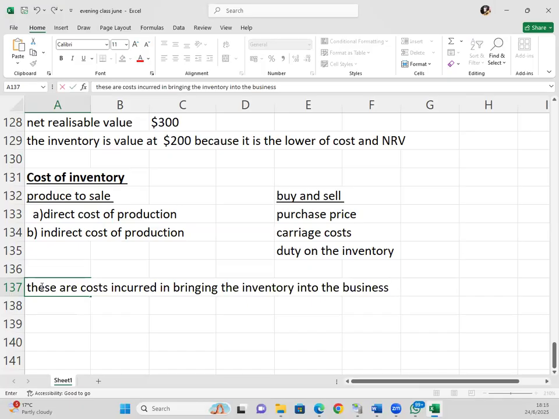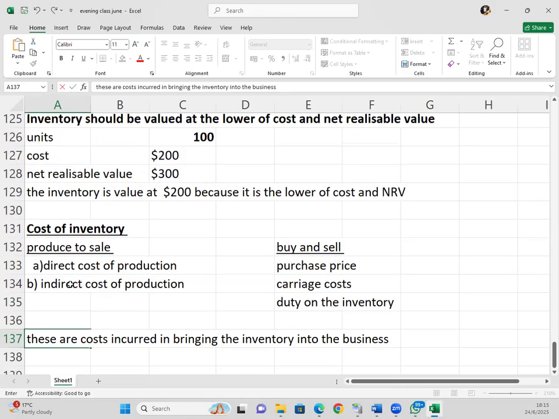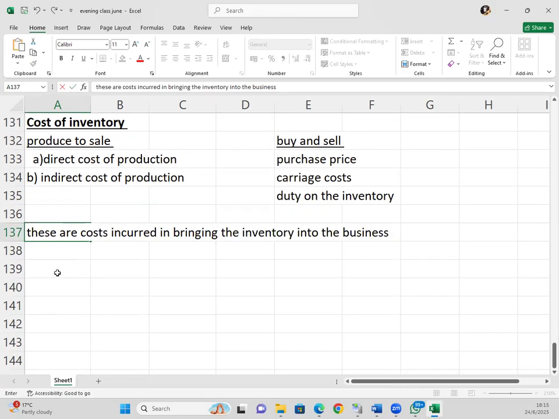If you have bought the item, there are costs of buying that you have incurred to bring the item to the business. So the cost we are looking at is what you have suffered to bring the inventory into the business. So remember, if you have inventory, you need to value it at the lower of cost and what?